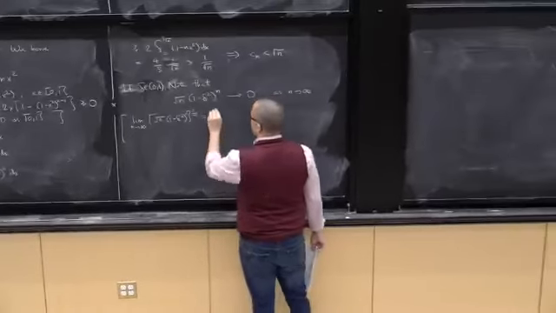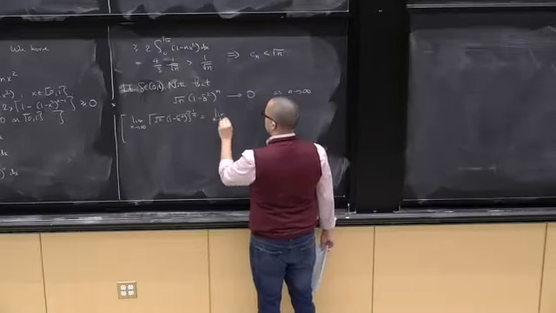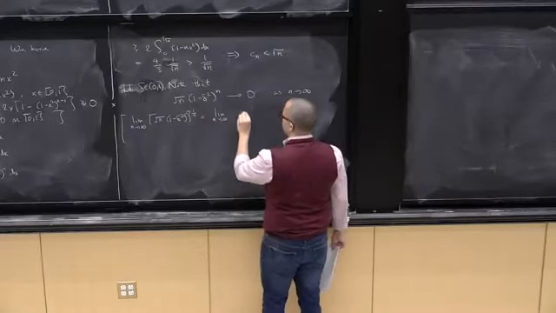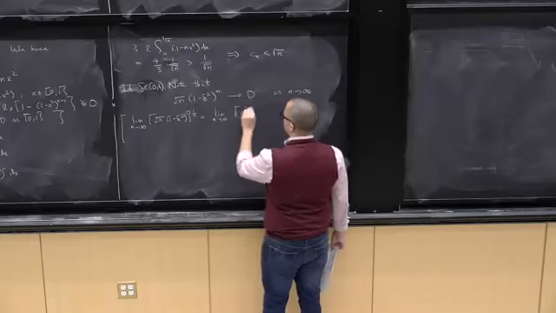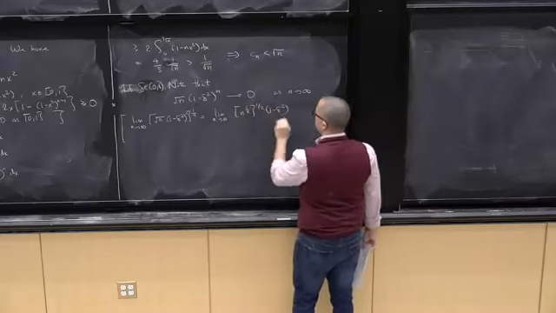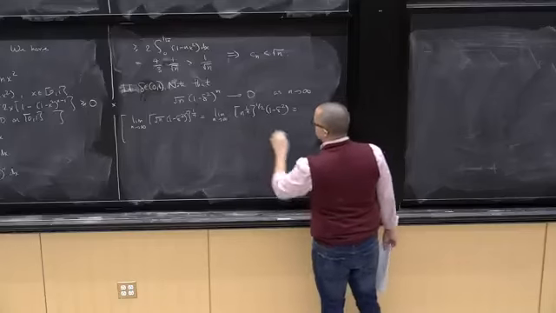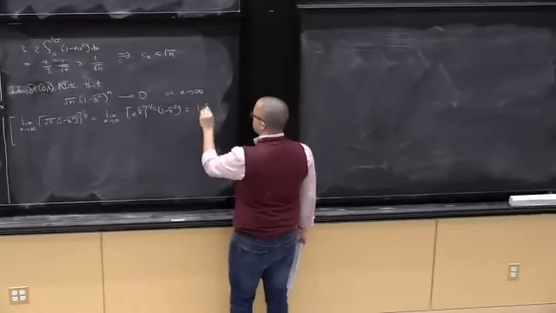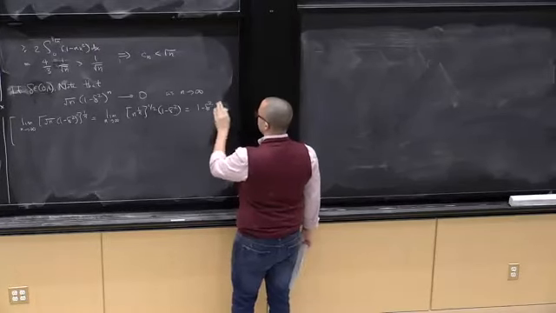This is equal to the limit of n to the 1 over 2n times (1 minus delta squared), and the first factor converges to 1, we proved that. And so this equals 1 minus delta squared, which is less than 1.